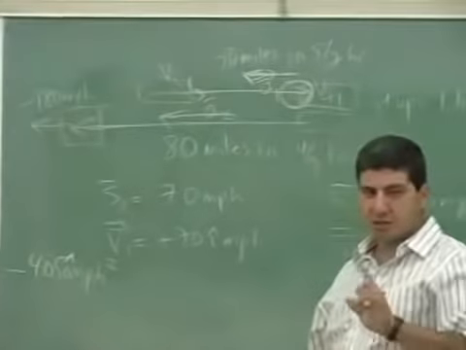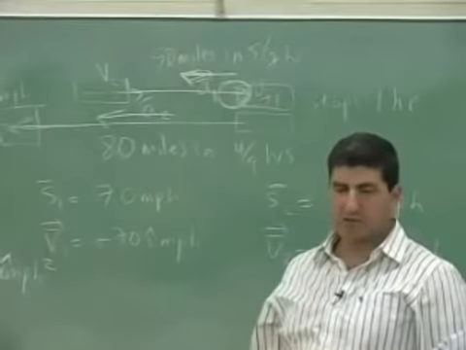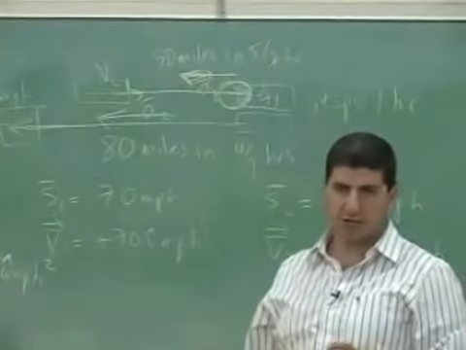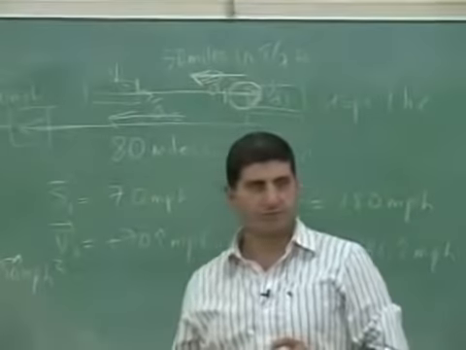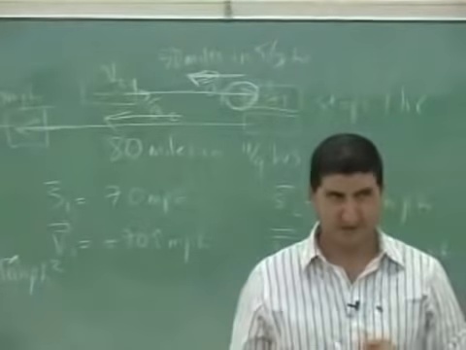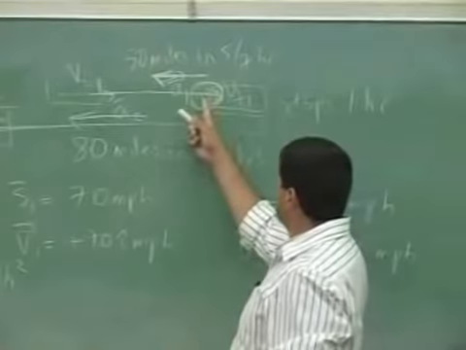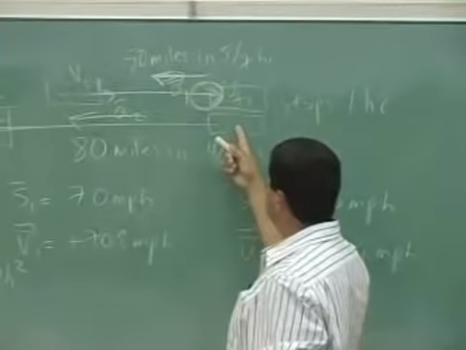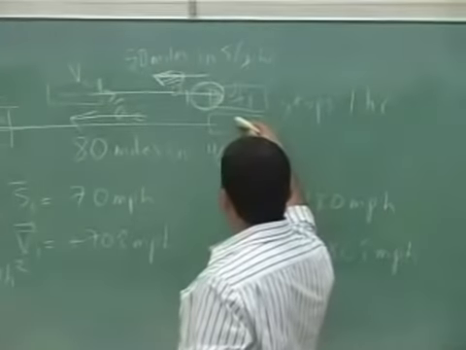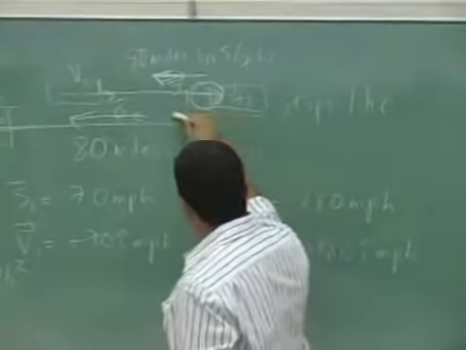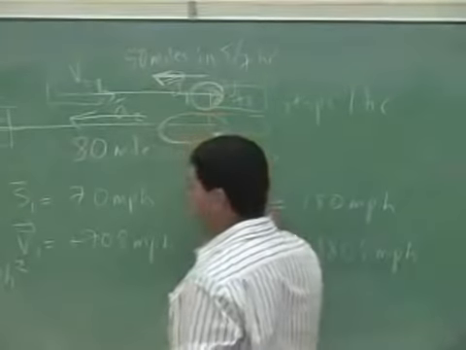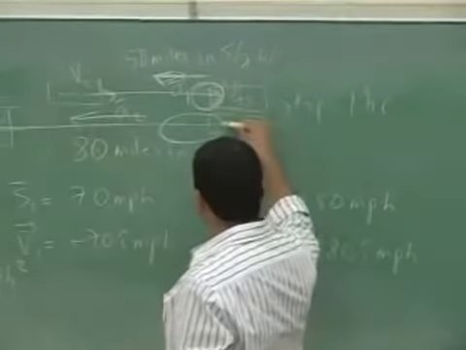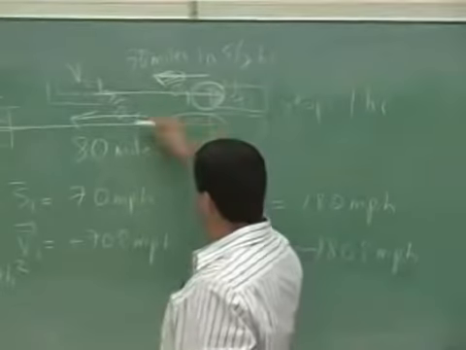Now, is the car decelerating in both stages? Is it slowing down in both stages? Not really, right? In stage 1, it's decelerating because it's got to come to a stop. In stage 2, on the average, it's accelerating. So it's actually picking up. Well, most of the acceleration is taking place initially here during the initial stage. The car has to hit the gas pedal and move that way.